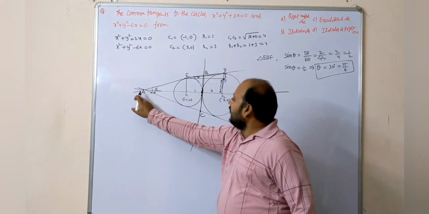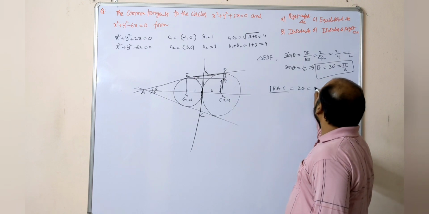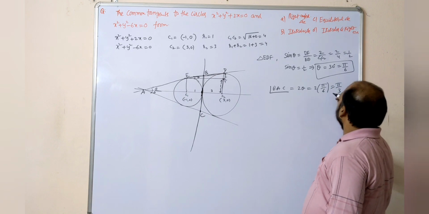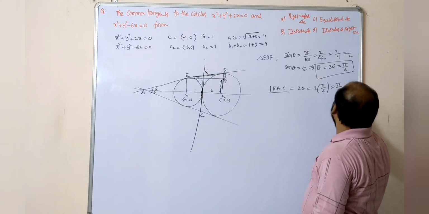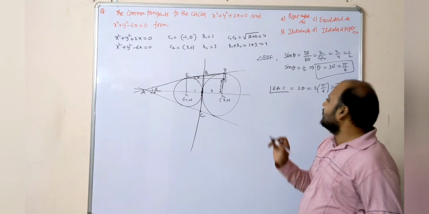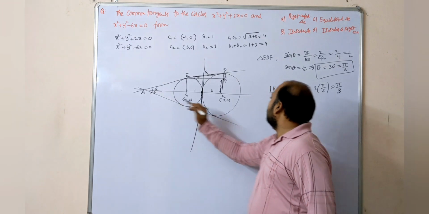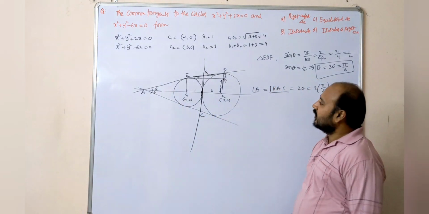Angle BAC is equal to 2 theta. So 2 times theta value pi by 6, which is equal to pi by 3. So angle A is equal to pi by 3. So that means 60 degrees, dear students. So angle A, this is BAC, no? So this angle is equal to 60 degrees.